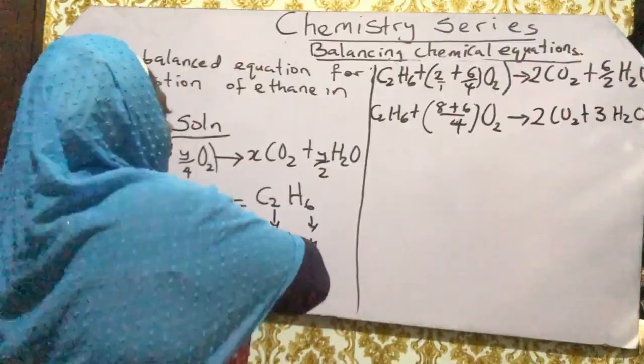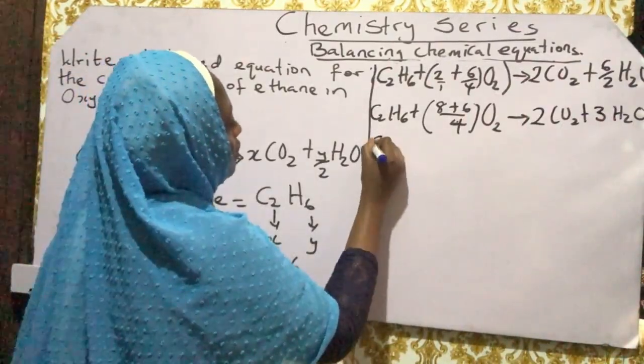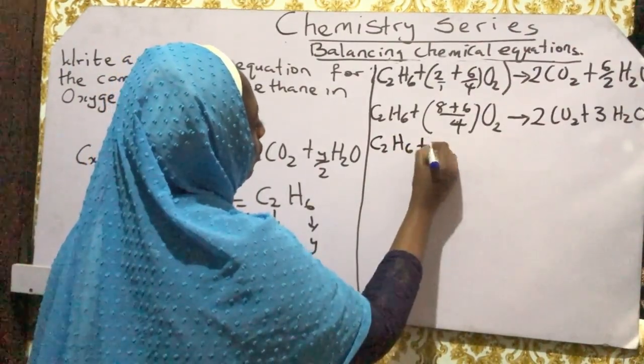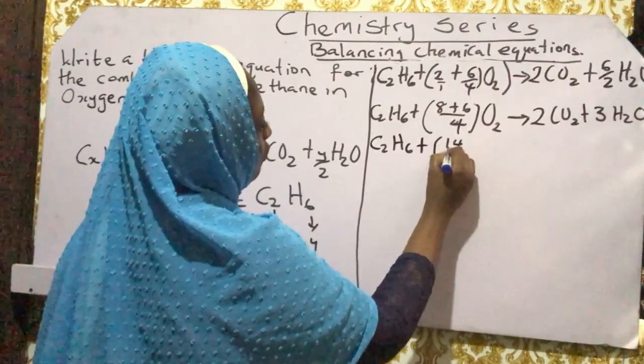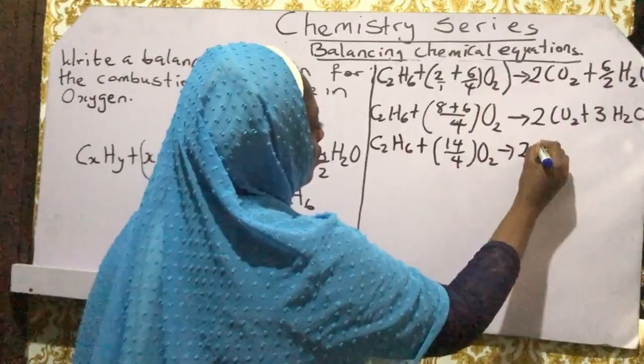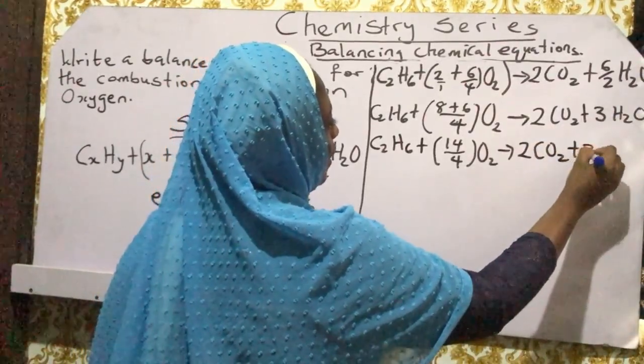So we have C2H6, 8 plus 6 gives 14, so plus 14 over 4 O2 to give 2CO2 plus 3H2O.